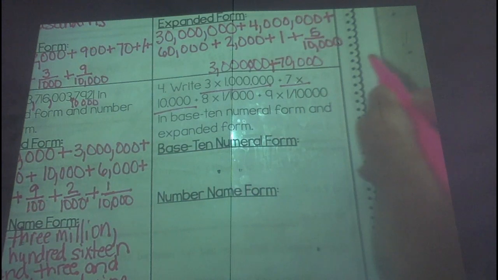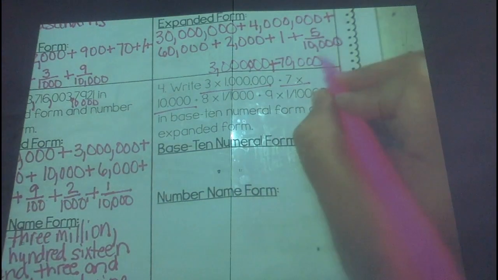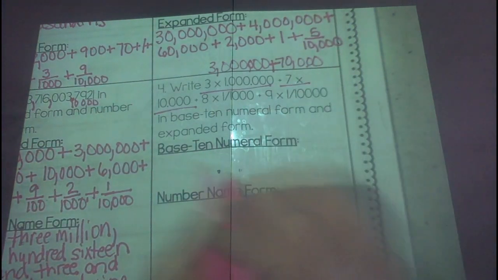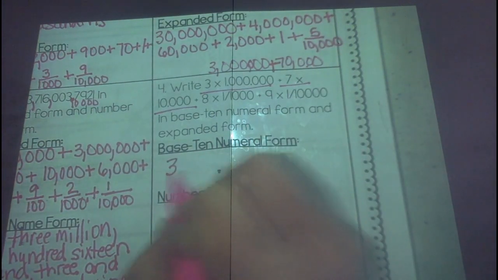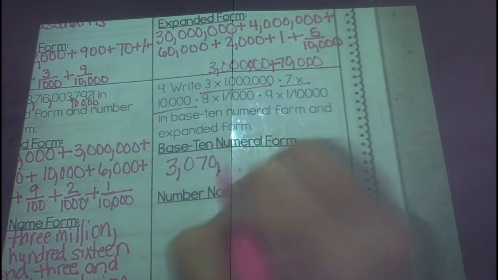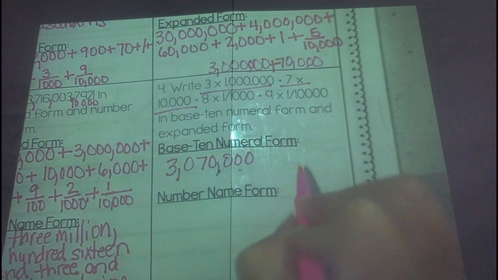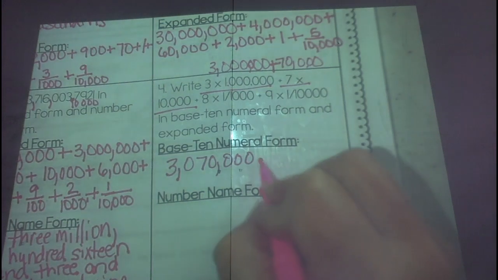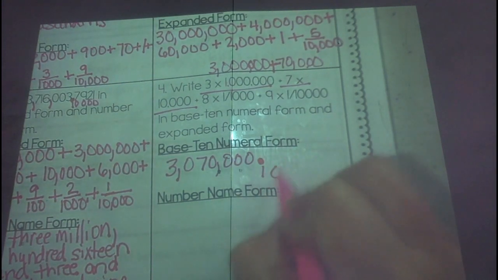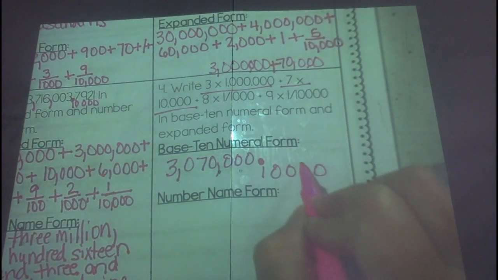70,000. All right. So there's 3,070,000. So we got 3,070,000 and 8,000.